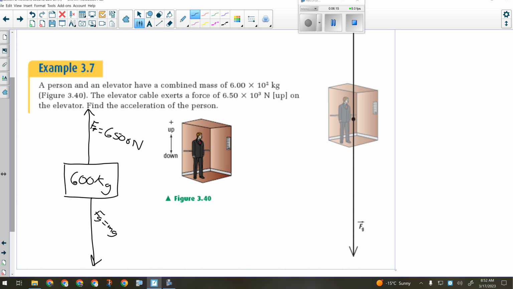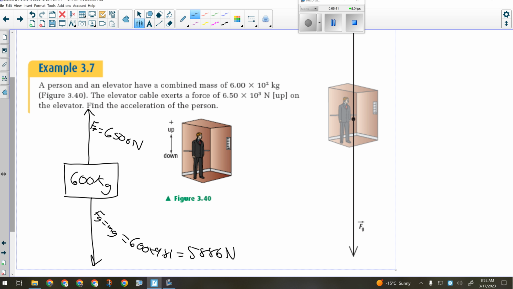Because I won't be able to get the net force if I don't have the number. Does that make sense? So I've got mass 600 times 9.81. That's going to give me 5,886 newtons. So the force of gravity is 5,886 newtons.